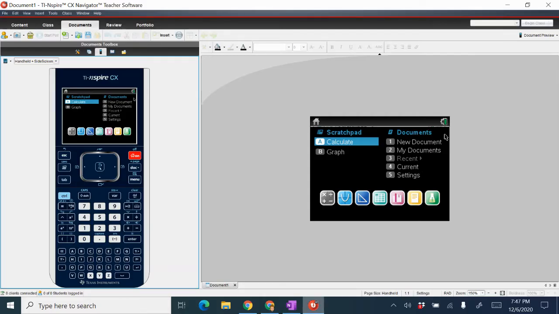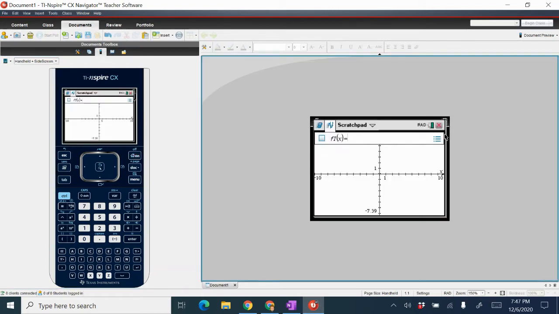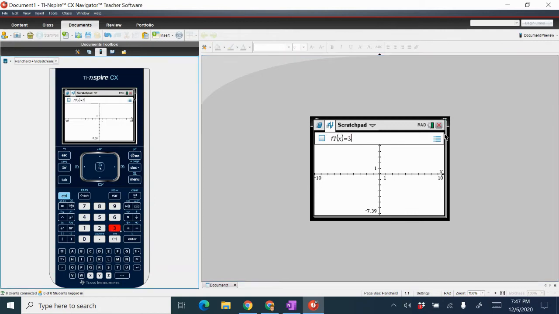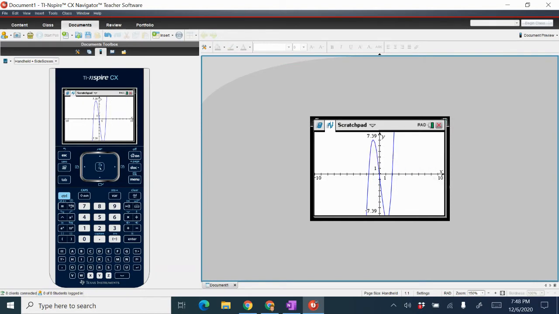So I'm going to get out my graphing calculator, and I could use Desmos as well, but I am going to go to my scratch pad from my home screen, which means I just touch this button right there that looks like a little calculator, and I'm going to go ahead and type my first function in, which is 3x to the third, and then minus x squared, and then minus 10x, and then I hit enter, and then it graphs it, so I've got a fairly decent graph there. And then I usually just take and pick this guy up and move him off to the side.